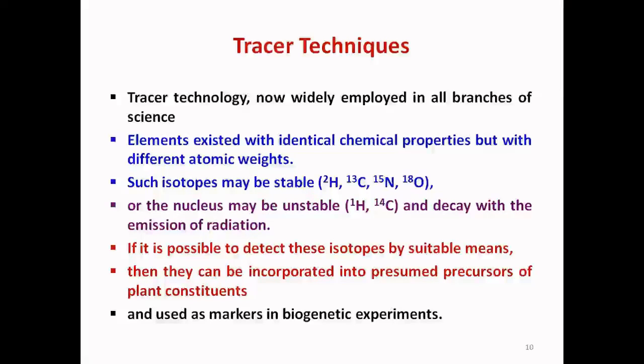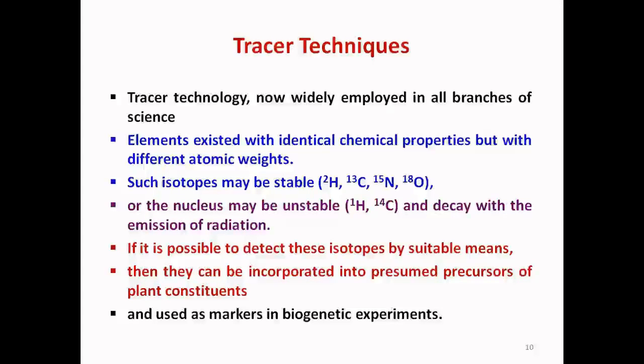Now, there are so many different methods which are available to detect the radioisotopes. So what we can do is take presumed precursors. Presumed precursors means we are assuming that, okay, this is the precursor or the starting material which possibly is involved in the biosynthetic pathway.